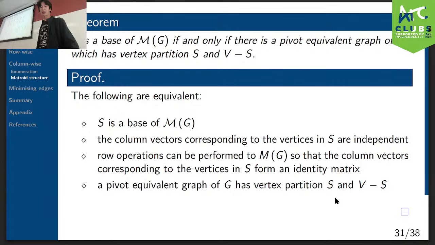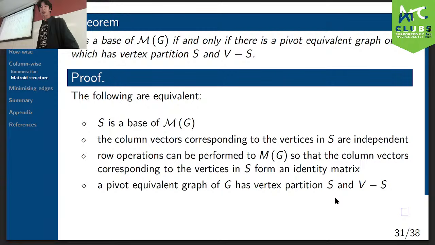The way we can show this is by doing a sequence of equivalent statements to get from the left-hand side statement to the right-hand side statement. So first, if S is a base of the matroid, then that means that the column vectors corresponding to S are independent.